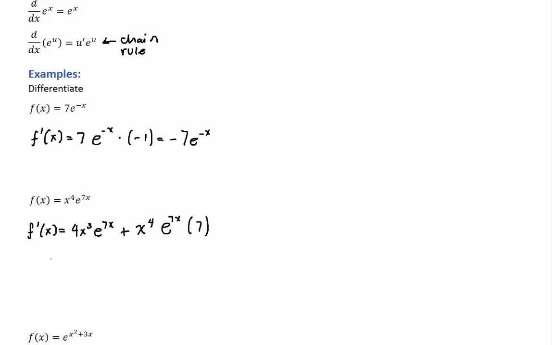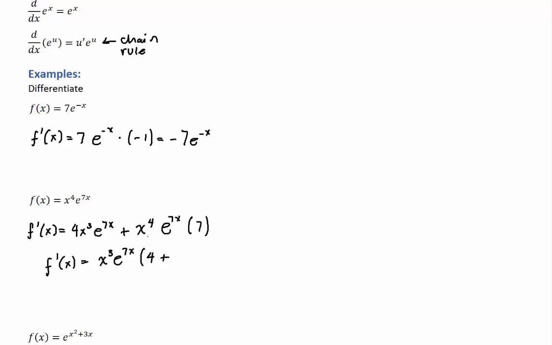And I can then reorganize everything by factoring. Notice that I have x cubed e to 7x, and then there's an x cubed as well here, times x of course. So I can always factor x cubed e to 7x. And what I'm left with here is a 4. And what I'm left with here is a 7.